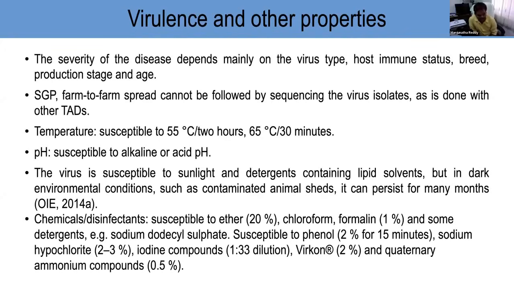It is susceptible to alkaline pH and acidic pH, and some detergents containing lipid solvent. It is susceptible to 20% ether or even formalin, and sodium disulfide or phenol. If you use this kind of compounds, you can disinfect the sheds where the outbreak has occurred.